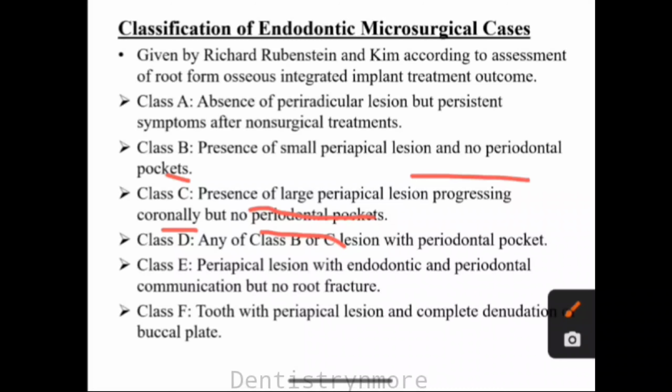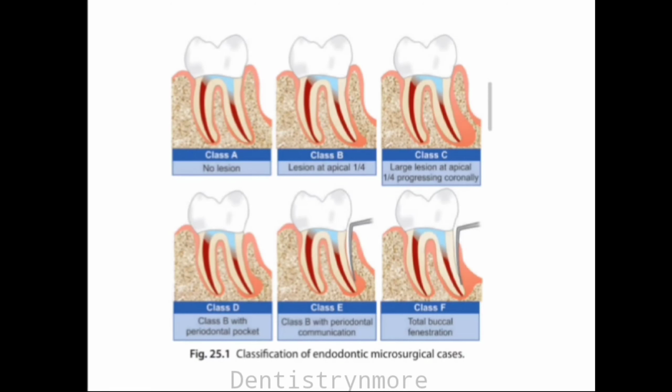Class D, any of the class B or C with periodontal pocket. Class E, periapical lesion with endodontic and periodontal communication but no root fracture. Class F, tooth with periapical lesion and complete denudation of buccal plate. So these are the classification of endodontic microsurgical cases, class A, B, C, D, E and F.